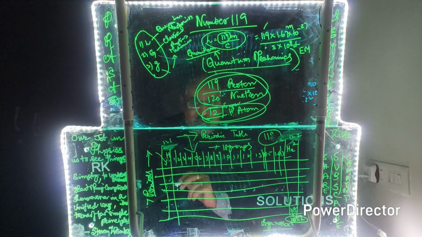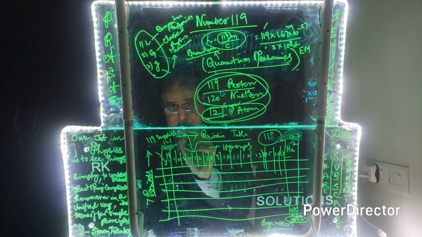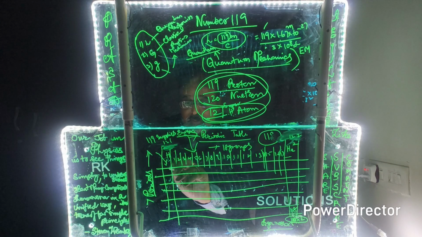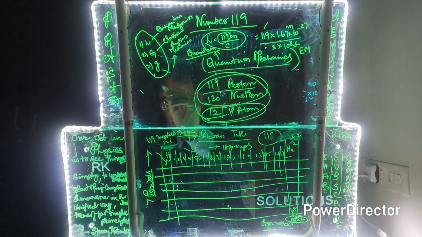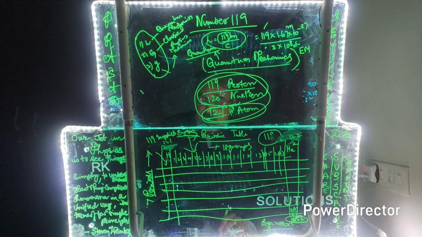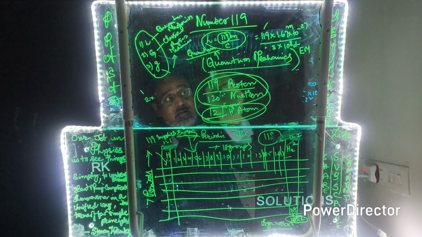This whole table, 119, supplies energy to all 118 elements of the periodic table. As many as the atomic number, that many times this electromagnetic radiation, H, will be supplied.